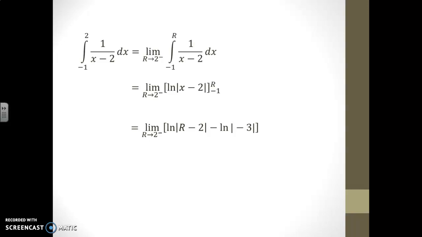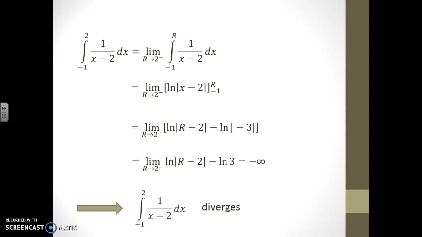And then finally we will attempt a limit where r becomes 2, where in this case ln of a quantity approaching 0 heads towards minus infinity. If you recall, ln of 0 plus heads towards minus infinity. So this time, the improper integral diverges. So there is no numerical answer for it.